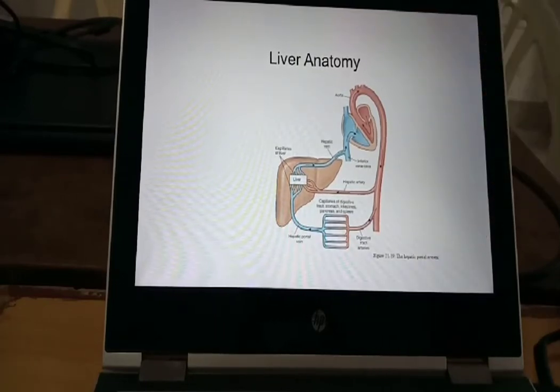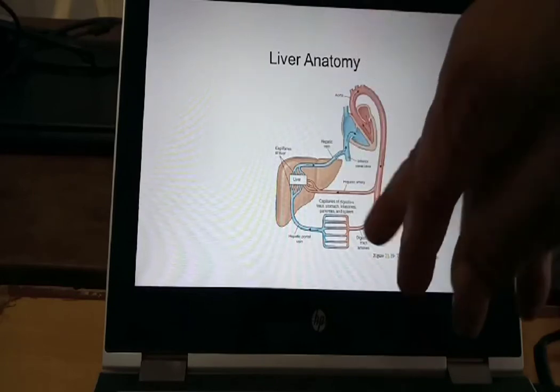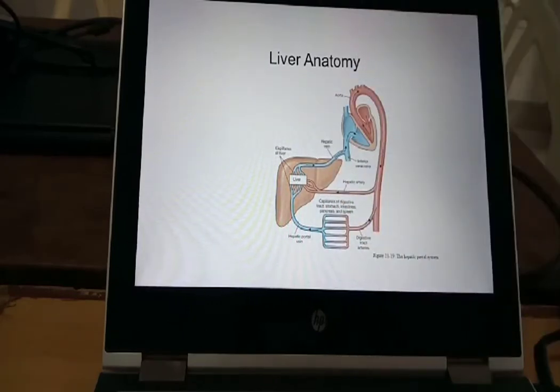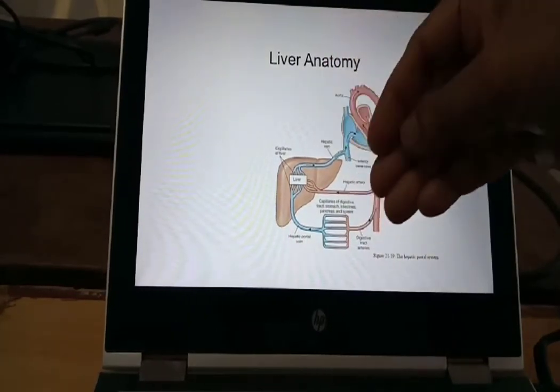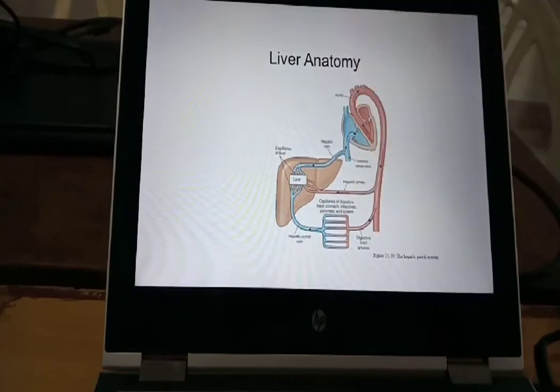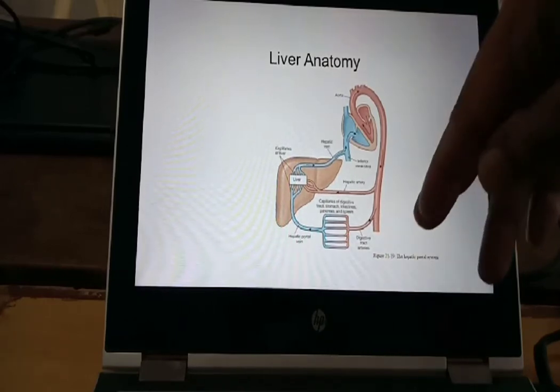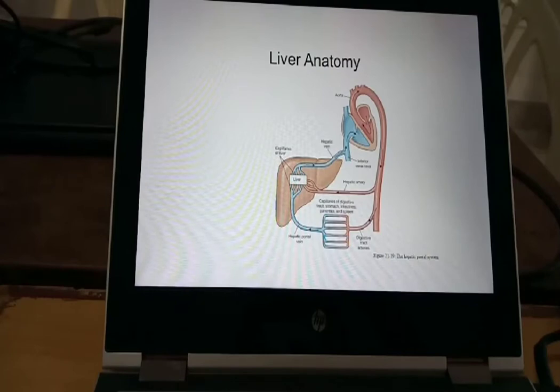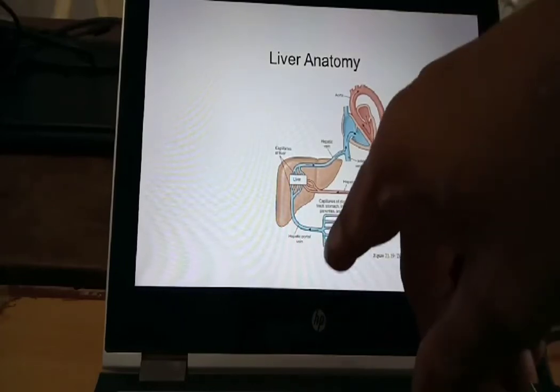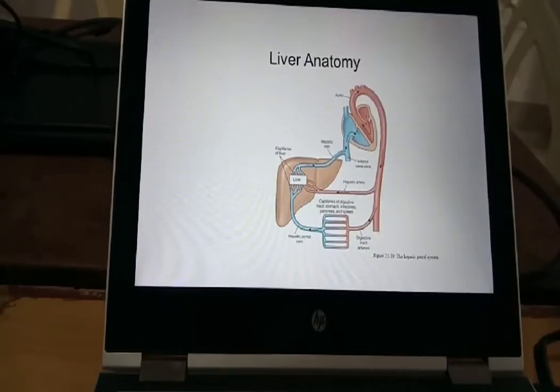In there are the capillaries in the gut, and from the capillaries in the gut the blood goes through the superior mesenteric vein, the inferior mesenteric vein, and the splenic vein, and they all drain into the liver. In the liver, the arterial supply and the portal venous supply mix up and then drain into the venous supply of the liver, which is the hepatic vein, and then that goes into the inferior vena cava.